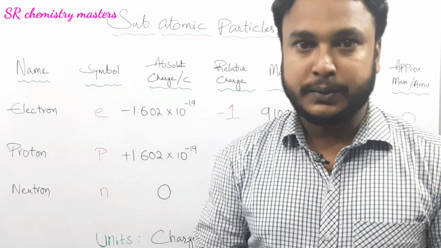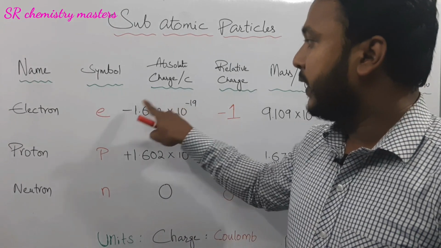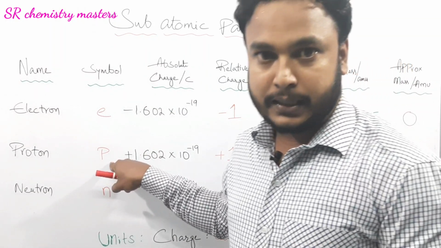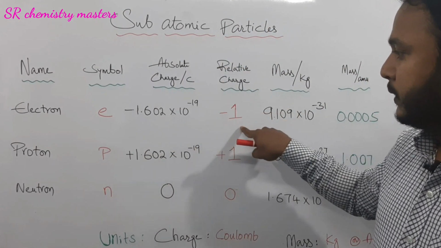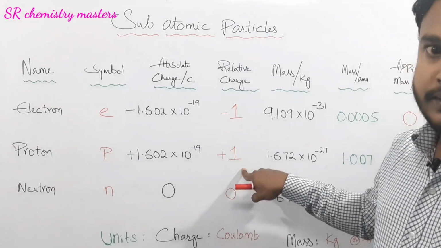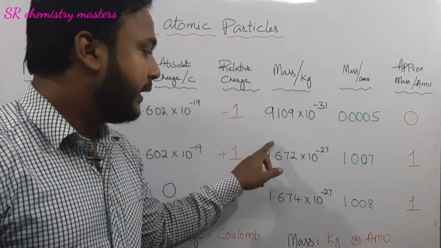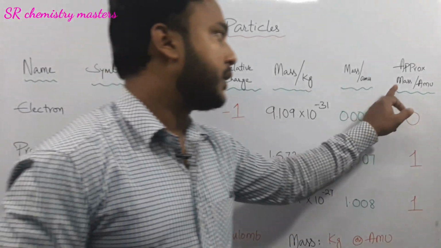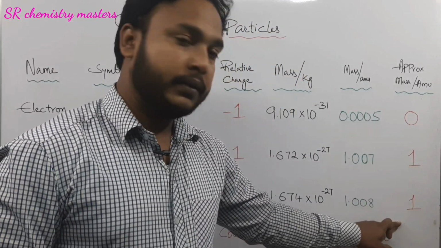The things you should remember in this case is the absolute charge of electron and protons are the same but with opposite sign. You see here the relative charge of electron is -1, proton is +1. And the mass of a proton and neutron are approximately the same. That is, approximate mass in terms of atomic mass unit is 1 and 1.